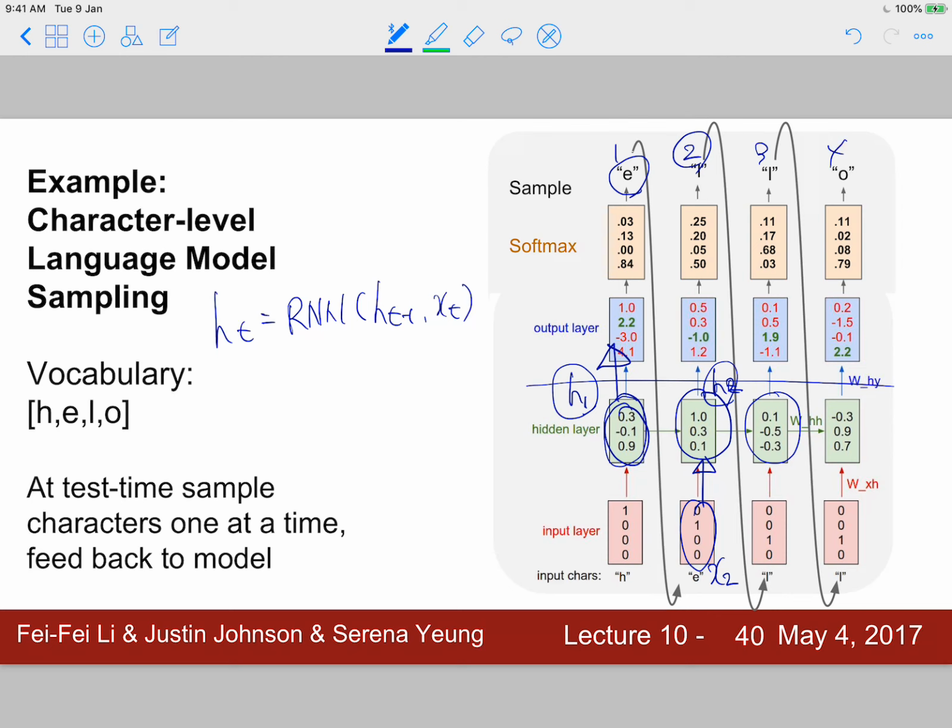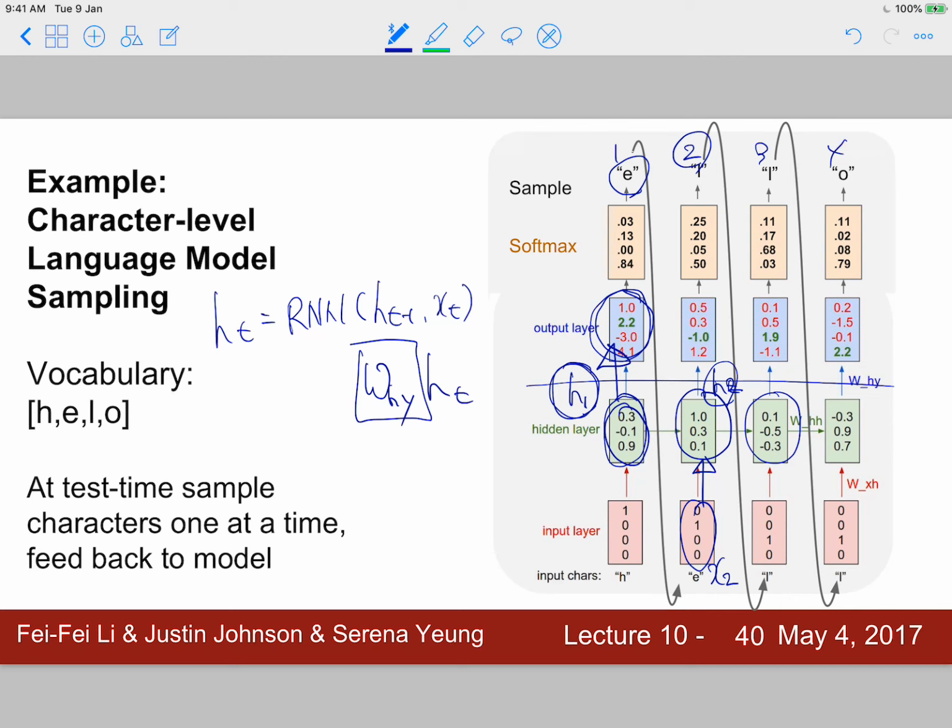In this case, we stack the linear layer, represented in this form, W_hy times h_t. This W_hy is the linear transformation matrix stacked on this input, and it produces this output, right?